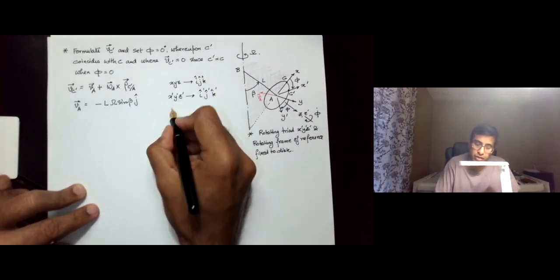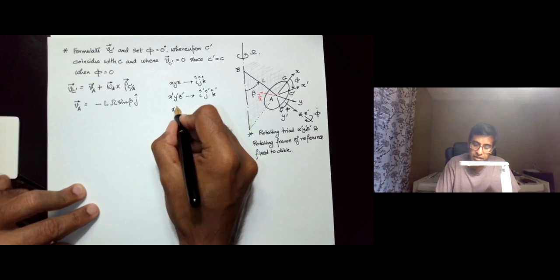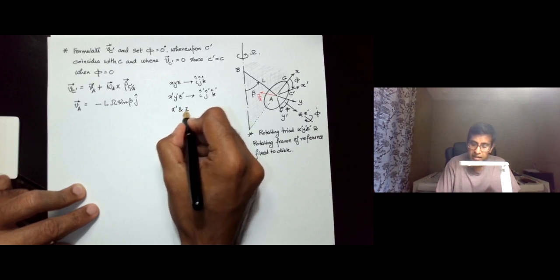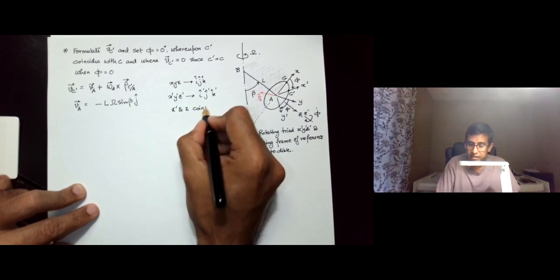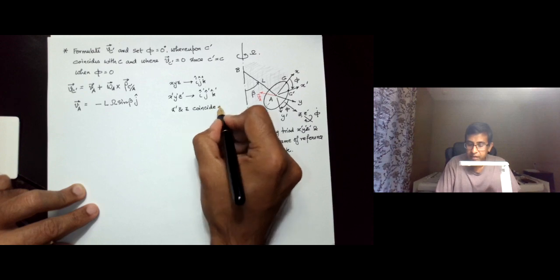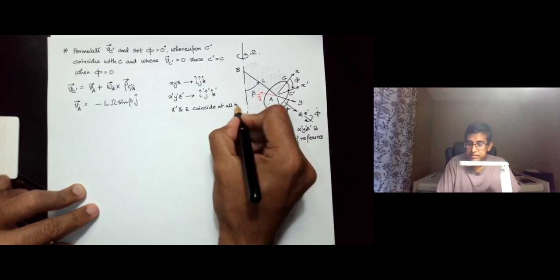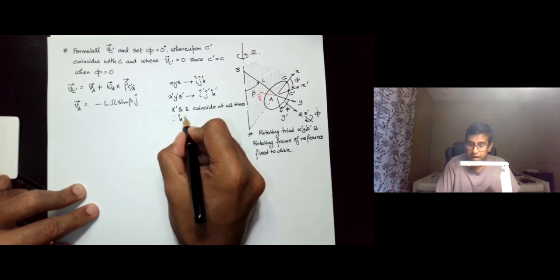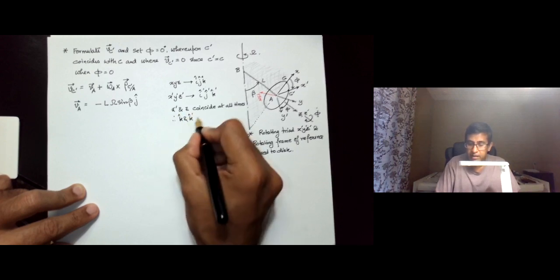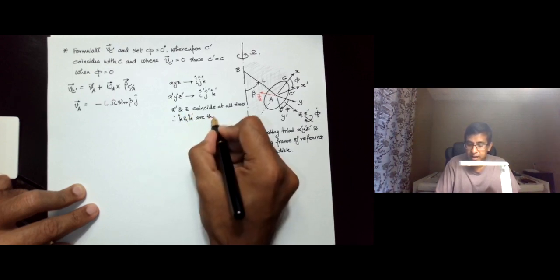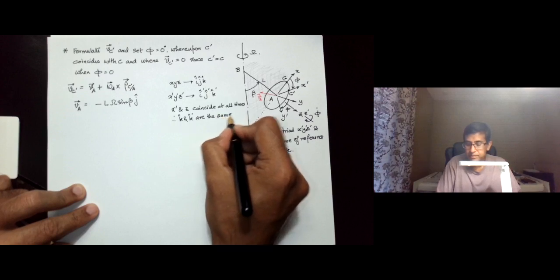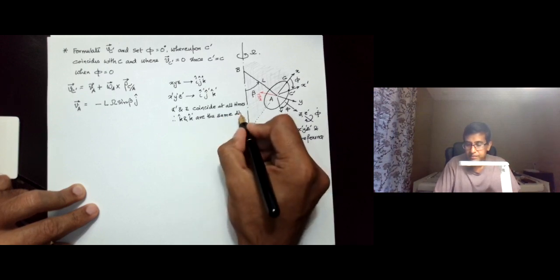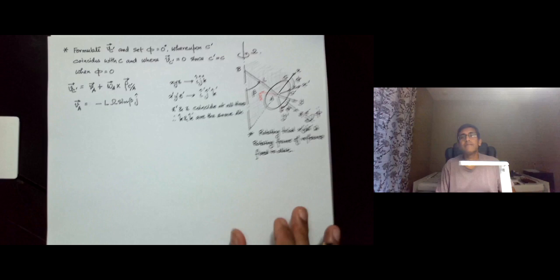It is also to be noted that z prime and z coincide at all times. Therefore, k prime and k are the same directions.